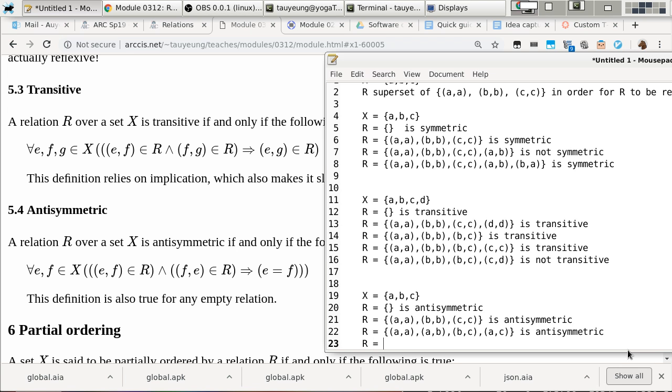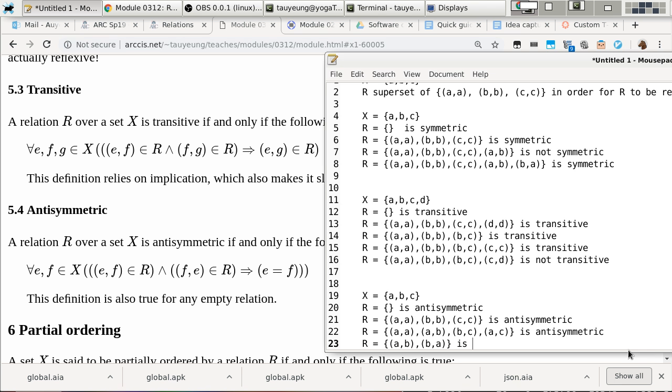So let's check out the next one. The next one turns out to be pretty simple, just like that. What do you think? No. It is not. Okay, let's go through all of the other properties too. It is not reflexive, quite obviously, because none of the relations that we need for being reflexive is here.